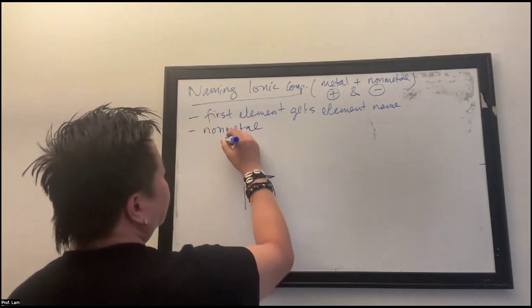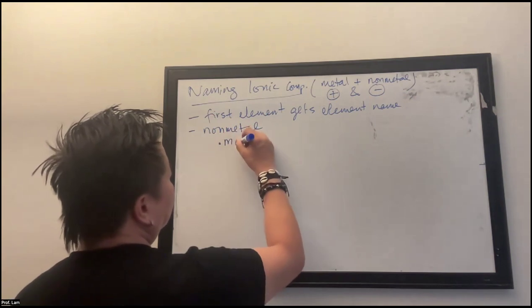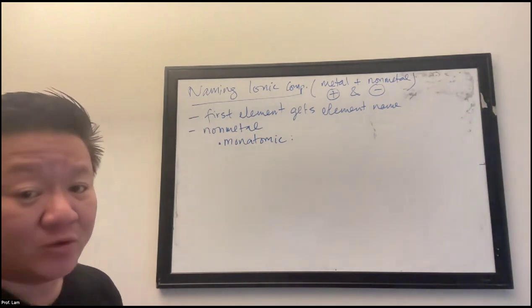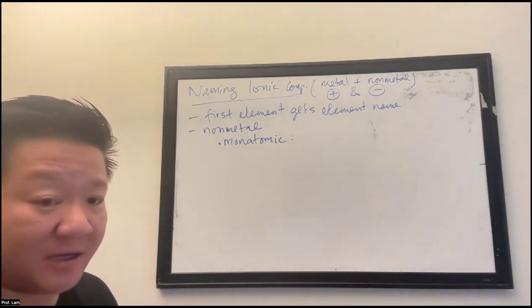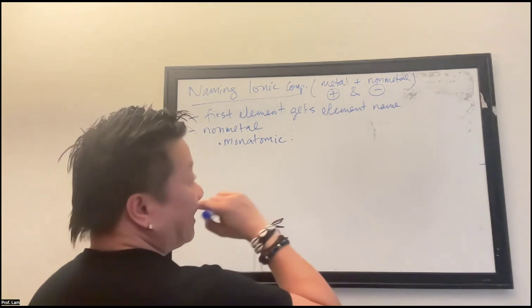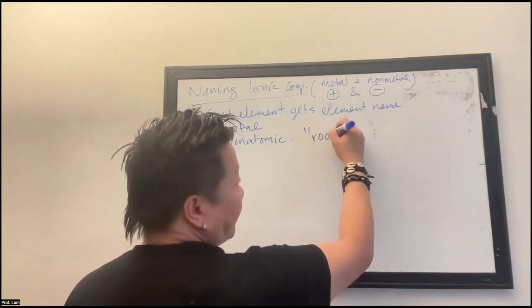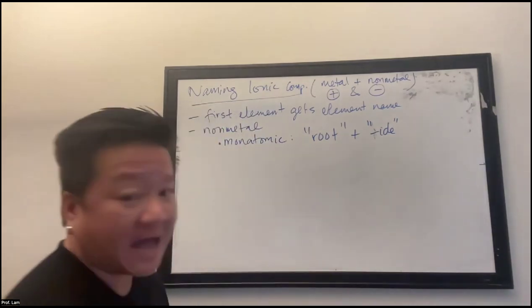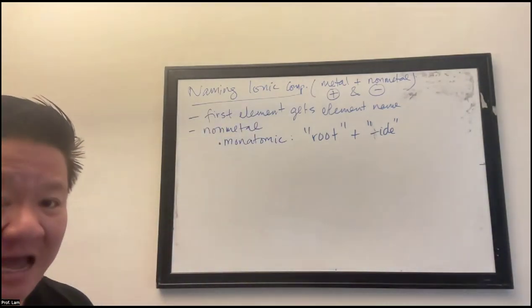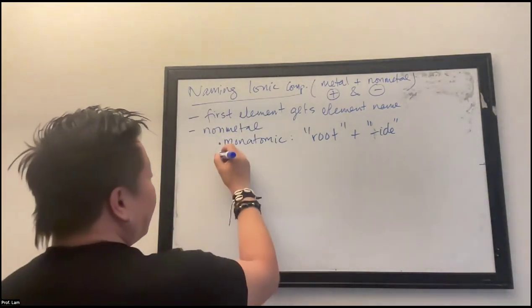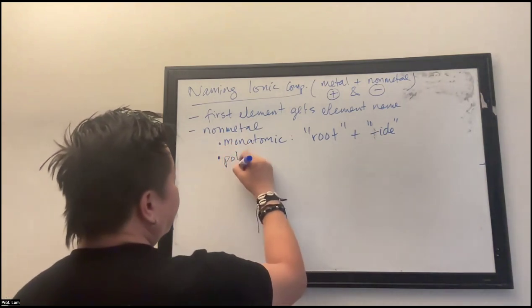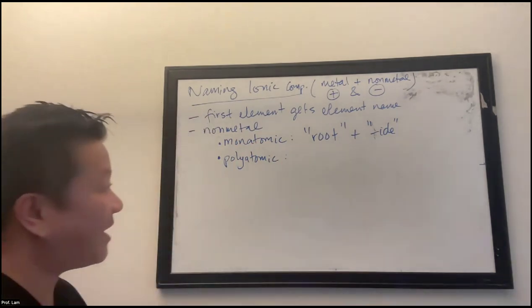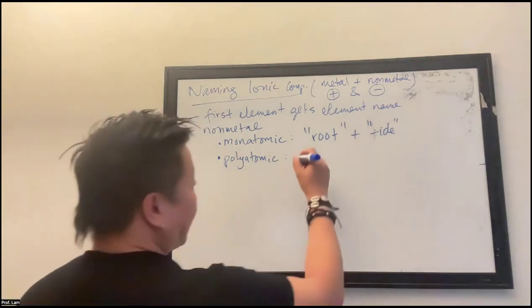if it is monatomic, then you will drop the element ending. You keep just the root of the element, and then you add the IDE ending, IDE. Okay. If it is a polyatomic, then it just gets the polyatomic name.